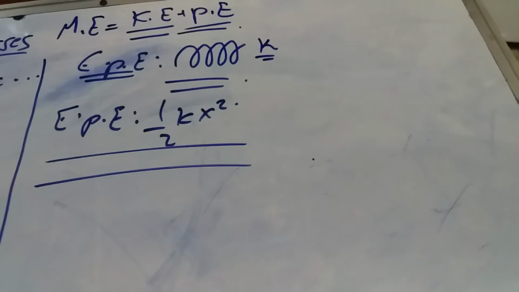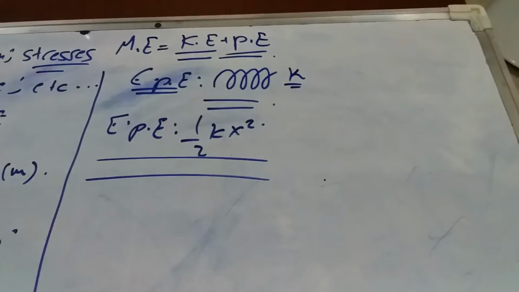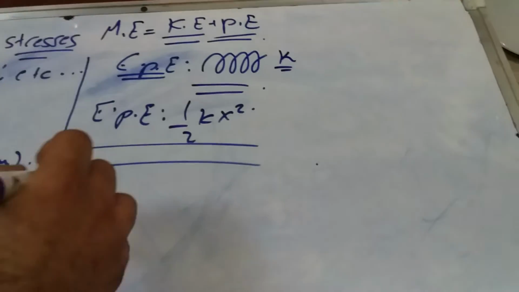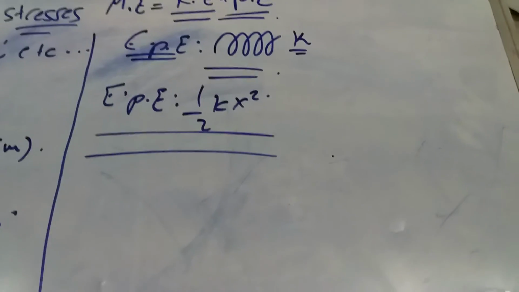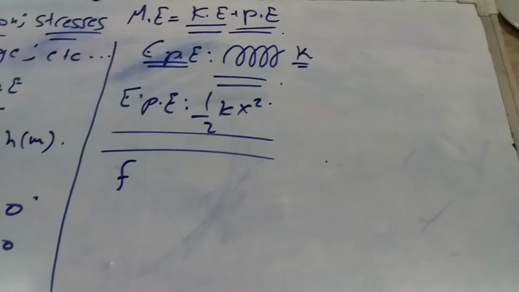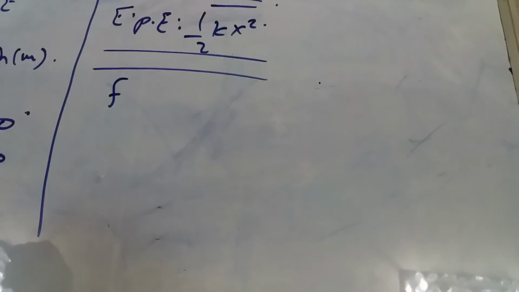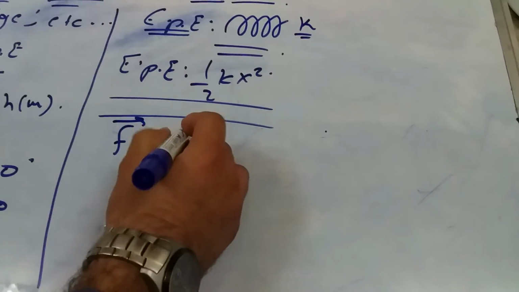Now, let's speak about the force of EPE first. Let's speak about the force F, which is the tensional force of the spring. Then F is equal to minus kx.